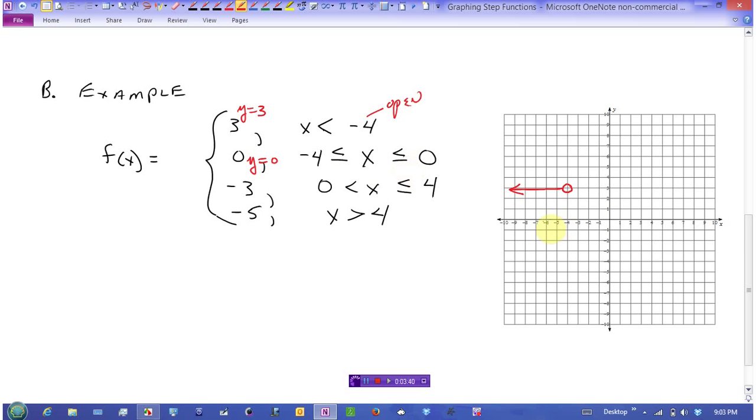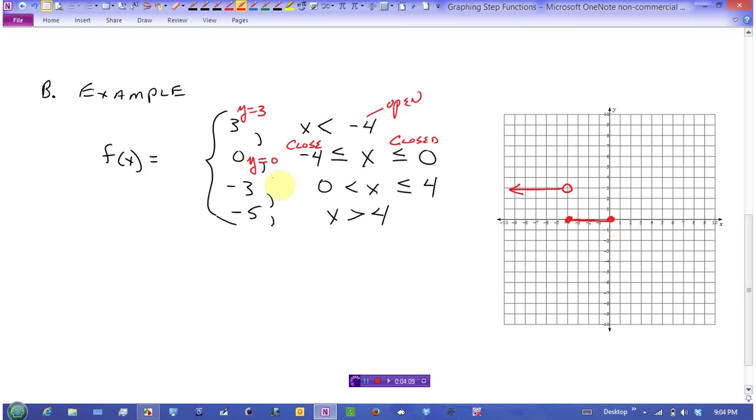So y is equal to 0 all along this line, but it's only going to exist for the values of x starting where x is equal to negative 4. And we can see that's going to be a closed dot here. And it'll be a closed dot here also when x gets to 0. So x is going from negative 4 all the way up to 0, and the y value would be 0.